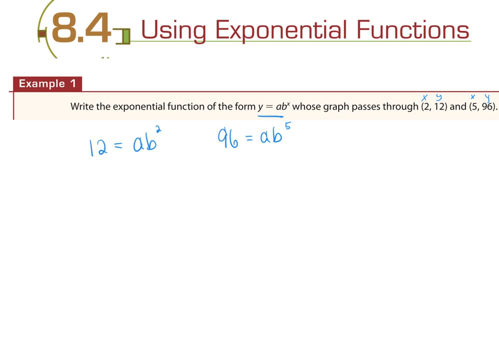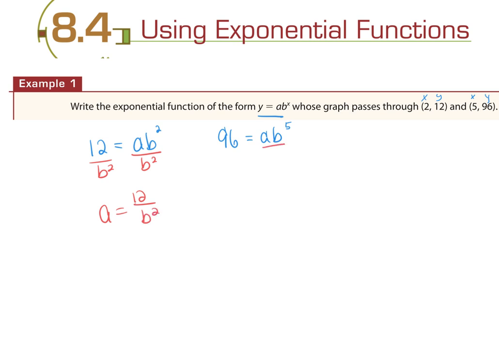The way we're going to solve it is to get them equal to the same variable. Once they're equal to the same variable, we can set them equal to each other. So I'm going to look at this left one and divide both sides by b squared. I will get that a equals 12 over b squared.